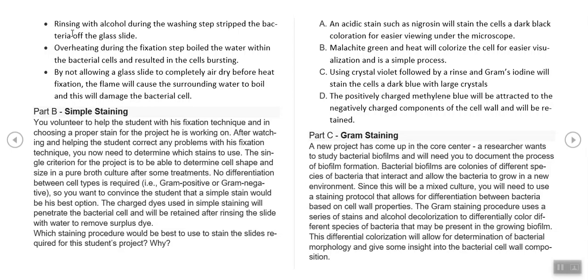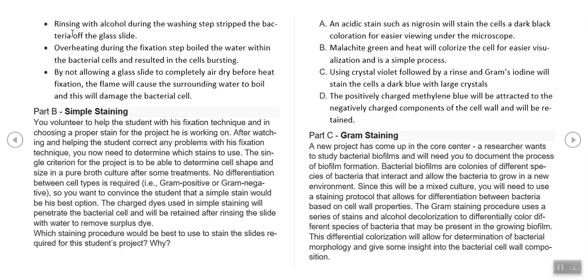So cell membranes have a tendency to have a more negative charge. So we want something that will be attracted to that negatively charged component of the cell wall. So we want something positive. So we want a positive simple dye that is going to be attracted to that negative cell membrane.